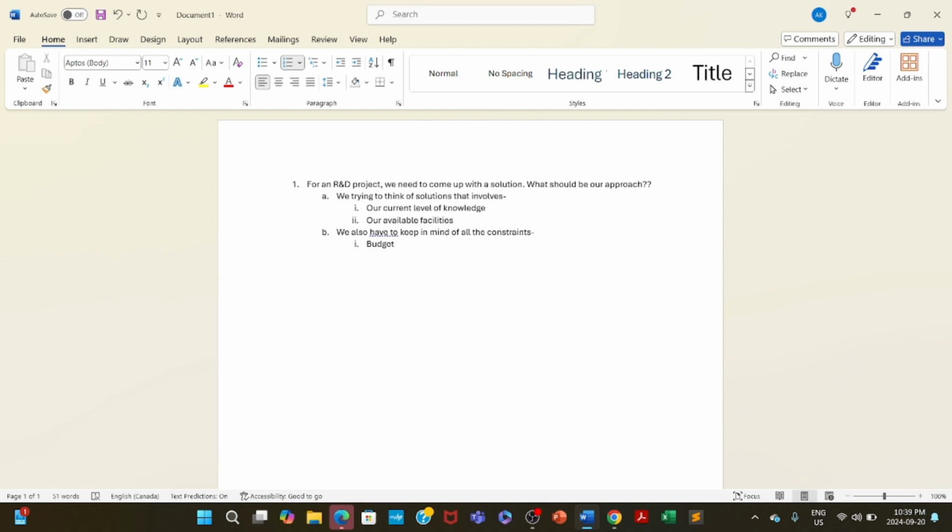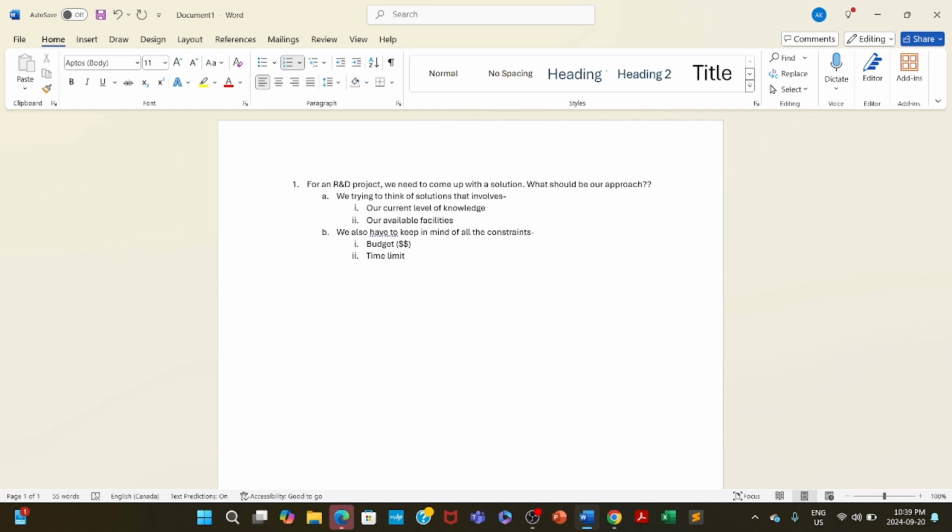So that problem we have to solve and we have to come up with a solution, but that solution will have a certain dollar value, right? It cannot exceed a certain price or cost. The second thing to consider would be time limit.